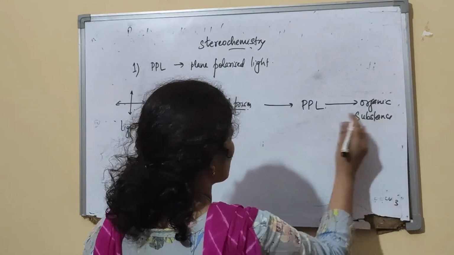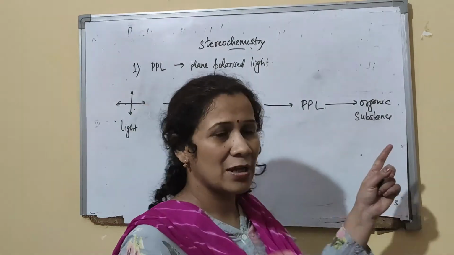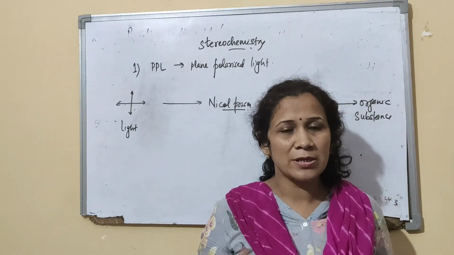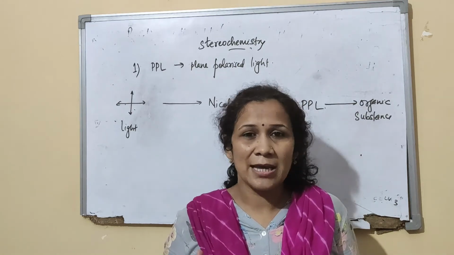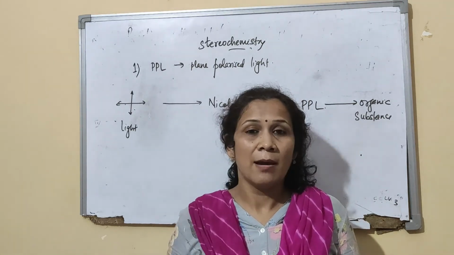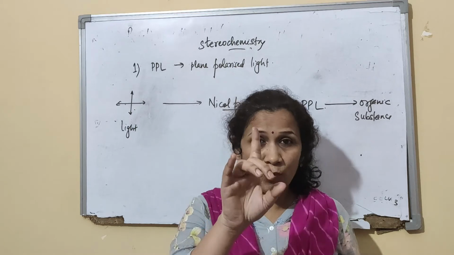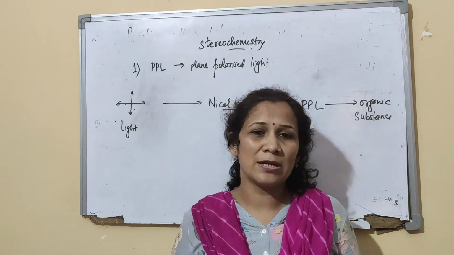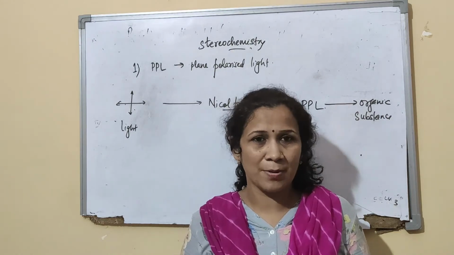If the light does not move at all, if the light radiations are the same, we say that the compound is optically inactive. It has not done anything to the light. But if the light moves, it is a straight wave moving to the right or left, we call it an optically active compound.